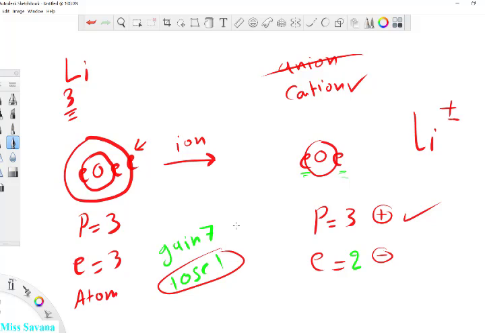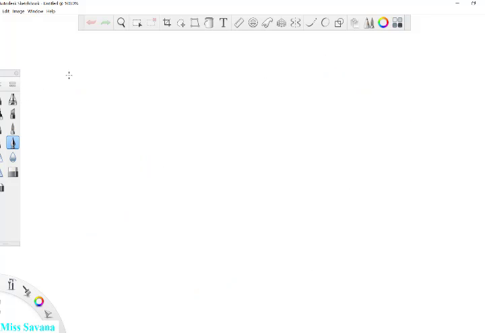Let's take another example. Now another example is actually the magnesium. The magnesium is a 12, so I'll start by drawing it. Remember, the first one I don't put anything on it. The next one hold up only to 2.